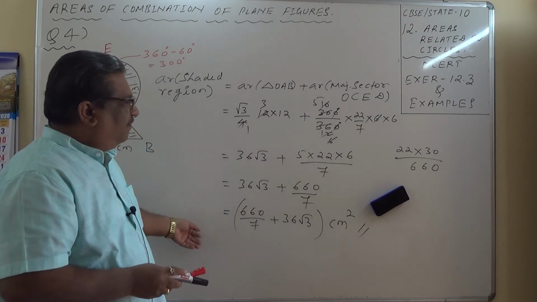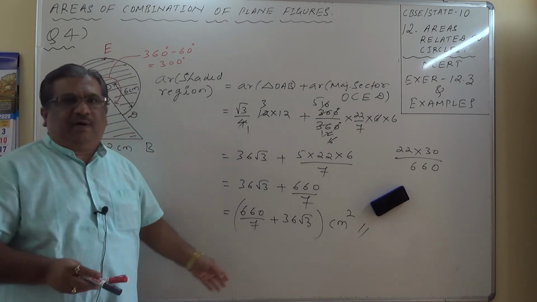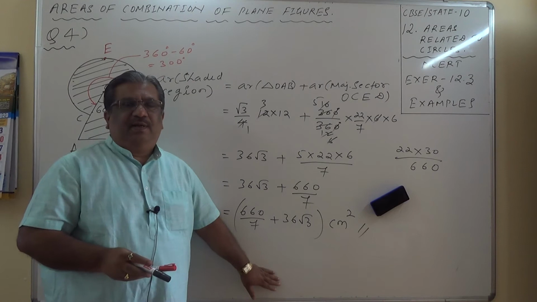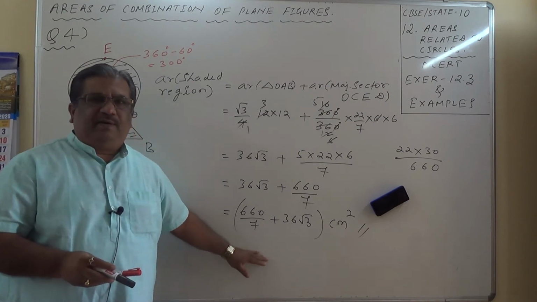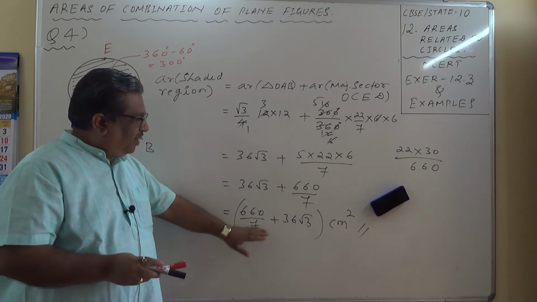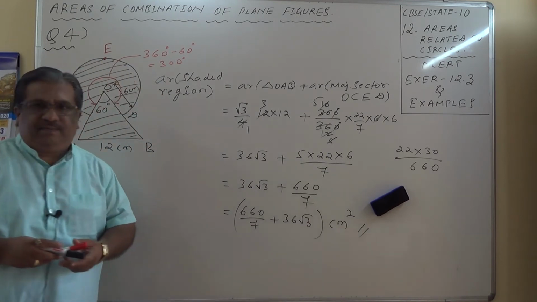But in the NCERT textbook, all the answers are expressed in terms of fractions. Further simplification is not done, and you can express the answers in terms of fractions also. Okay, so make a note of this.